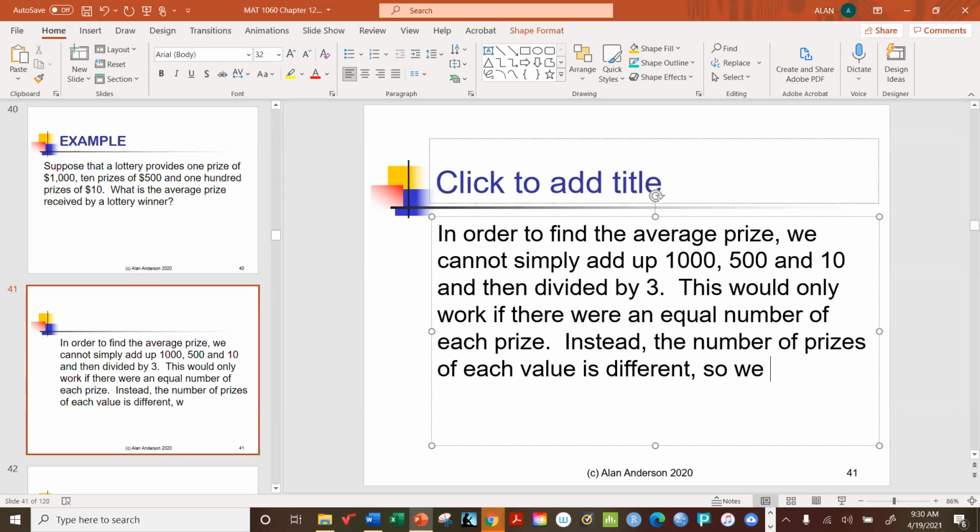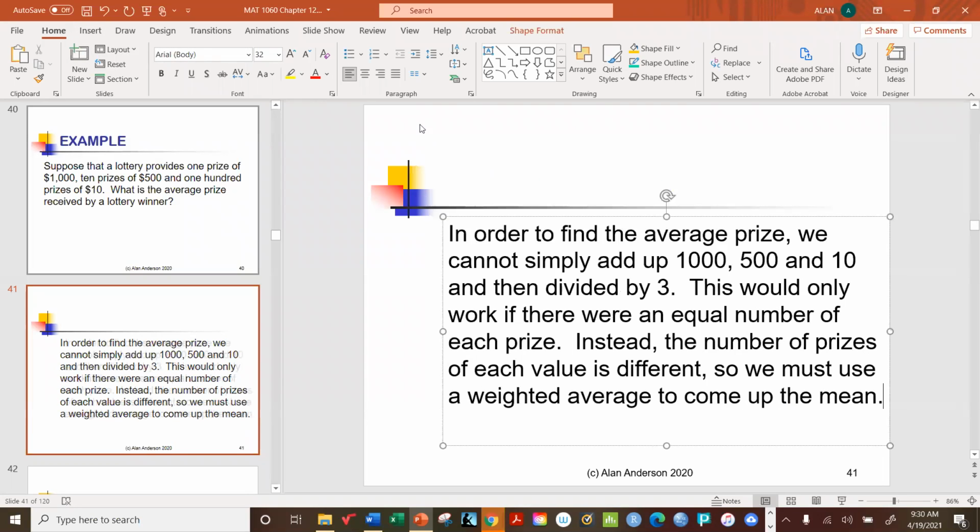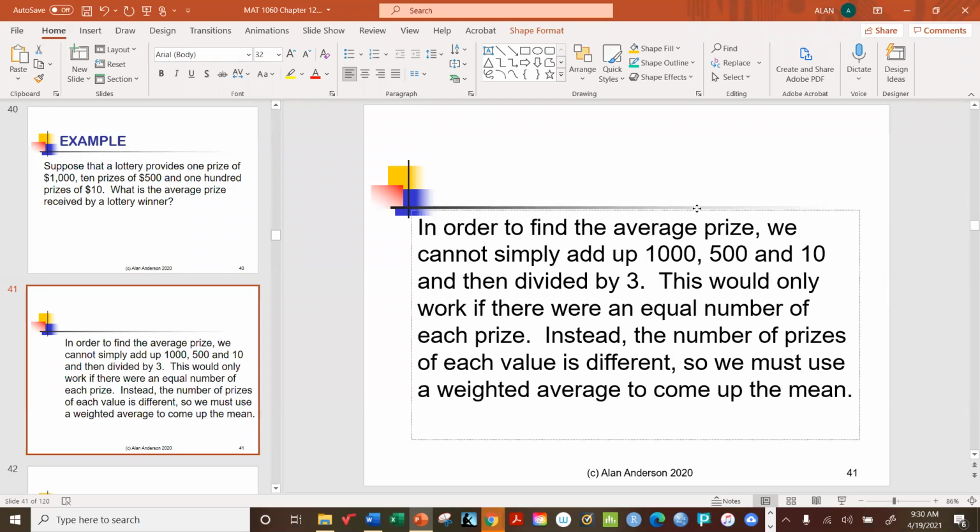So we must use a weighted average to come up with the mean. And it should make sense. We've got so many $10 prizes and only one $1,000 prize. Of course, we have to take that into account somehow. And that somehow is to use a weighted average.